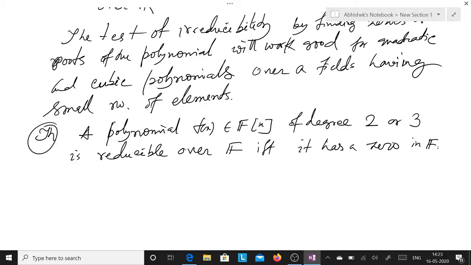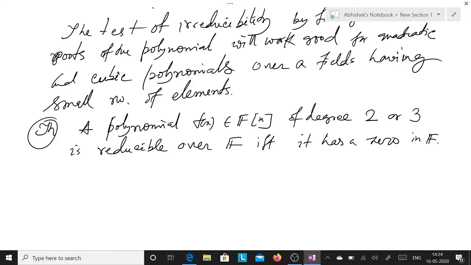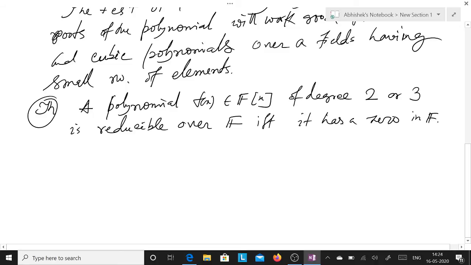Now the next theorem that I shall state is for the field of rationals Q, and this theorem deals with polynomials over the ring of integers.